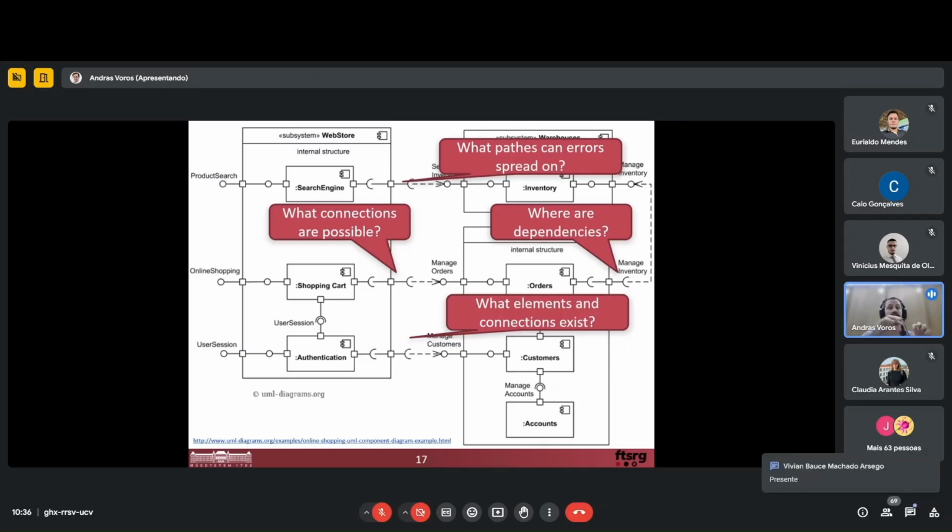And you can go through the paths, and in many cases, these diagrams are used to check the paths that errors can spread on. So that's a very, very important question, because the errors are going through these connections and they might reach some other components.